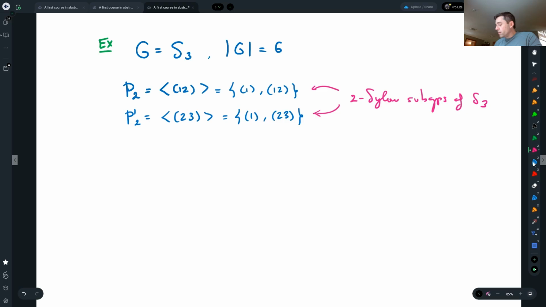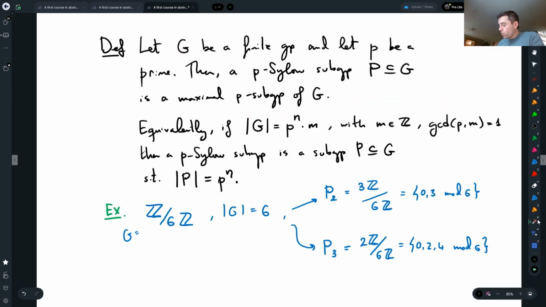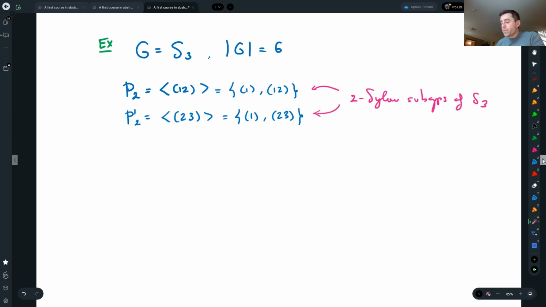Of course, there is at least one more, right? But if we look at Z modulo 6, notice that this was unique. There was only one subgroup of order 2, and there is only one subgroup of order 3. Here, there is more than one Sylow, and that has to do with the fact that S3 is non-abelian. So what about a subgroup of order 3? A subgroup of order 3, generated by an element of order 3, would have to be cyclic.